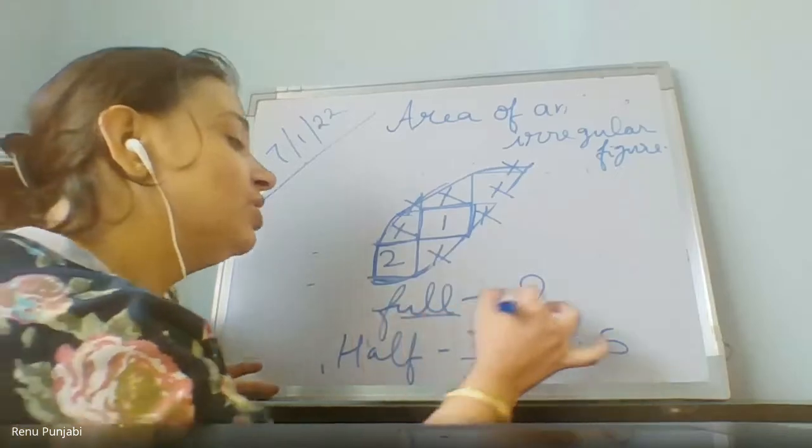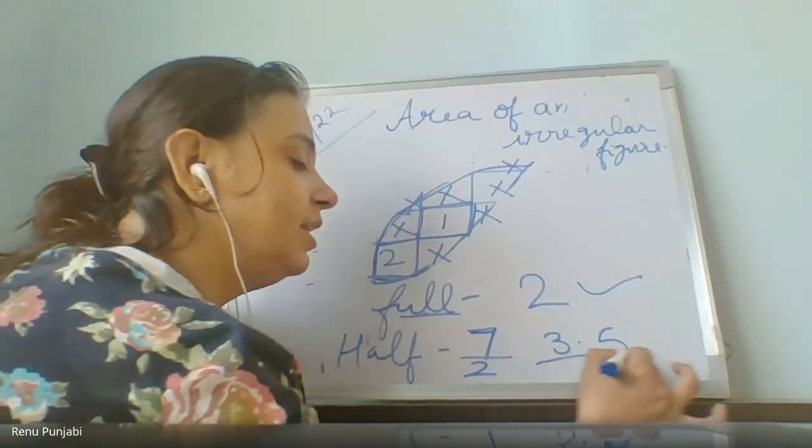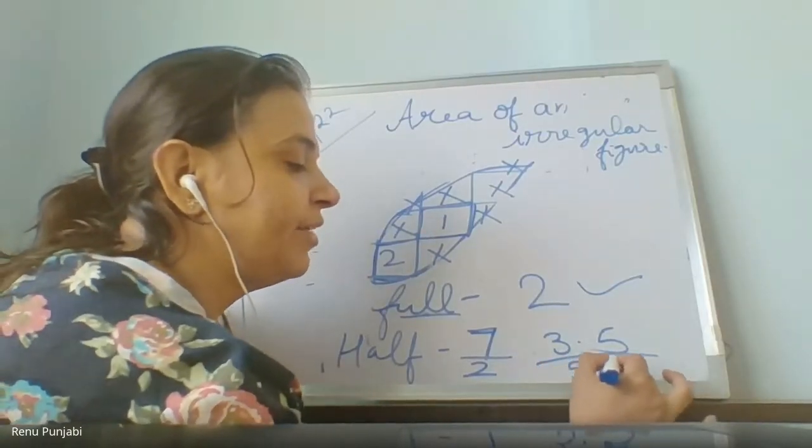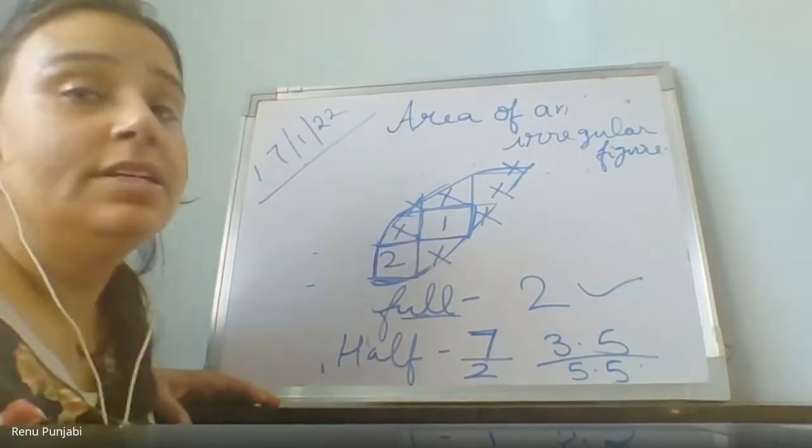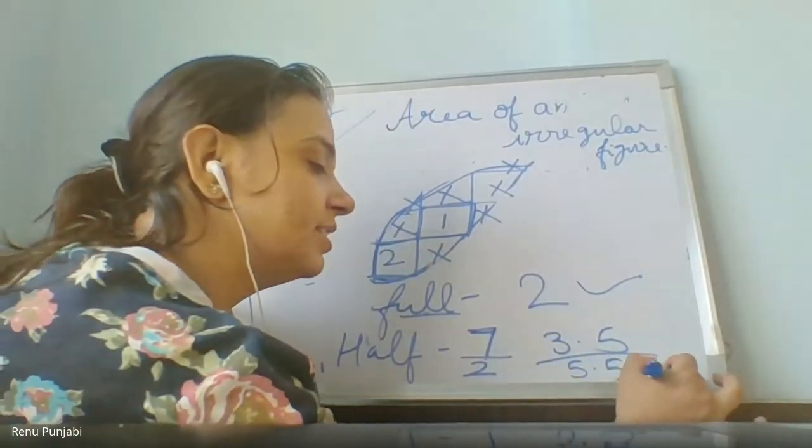It will be 3.5. So the full squares are 2 and 3.5, and the total 5.5 will be the area, in square units. Mute your mic please.